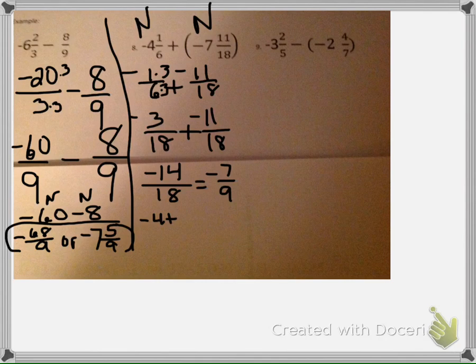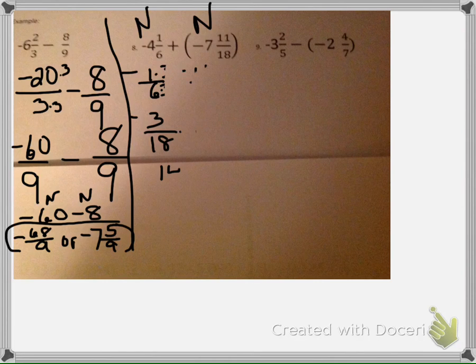Let me just get rid of all this. Okay, and now we're going to change them into improper fractions. This is, again, the harder way. So I would change 6 times 4 is 24, plus 1 is 25. And this is where it's harder. 18 times 7 is a big number.